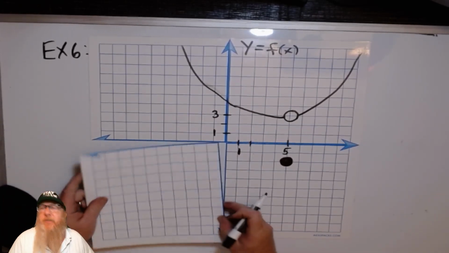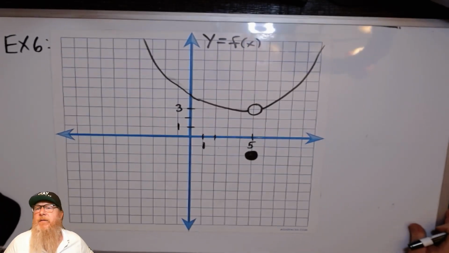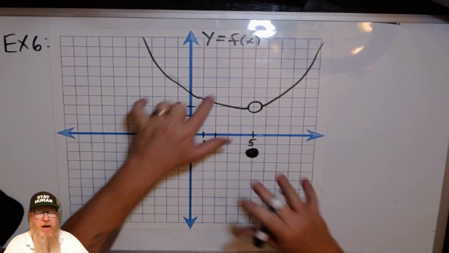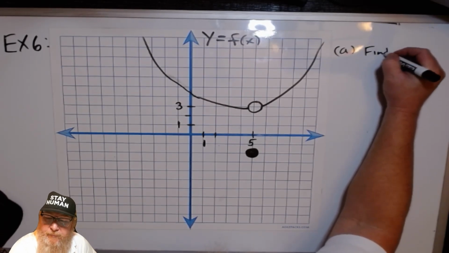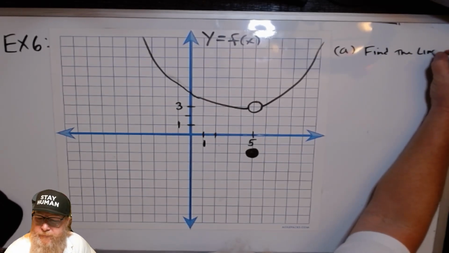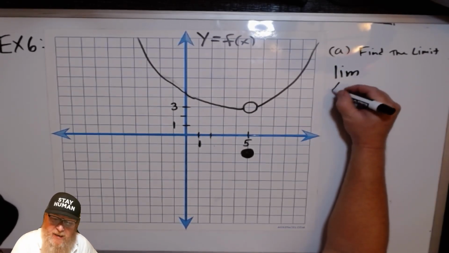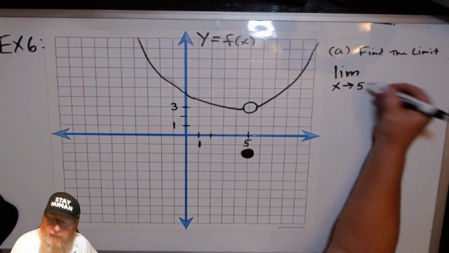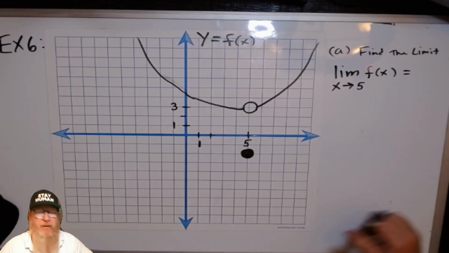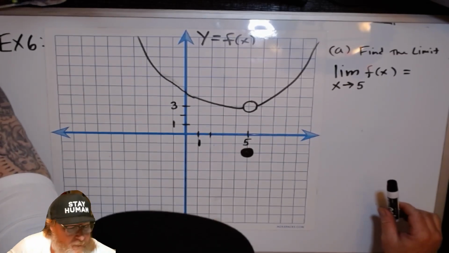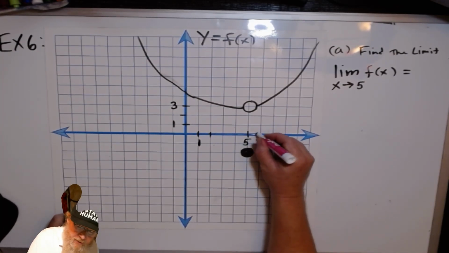All right. Now I've got some room to do the problem. Example 6. Using the graph of the function, part A, find the limit. Let's do the limit as x approaches 5 of f of x. And so this is what we mean by a neighborhood.